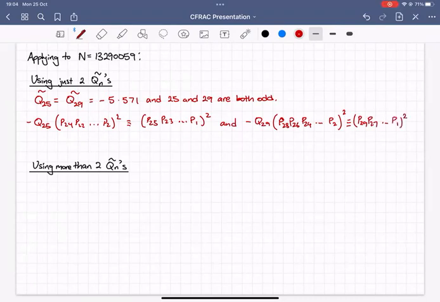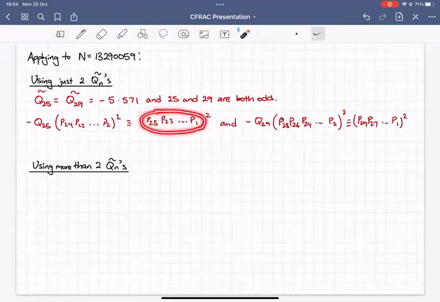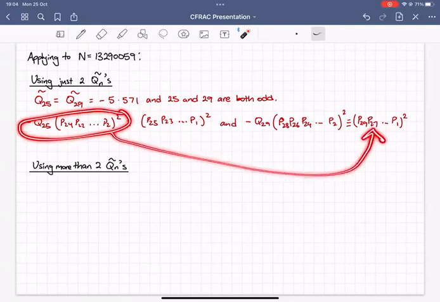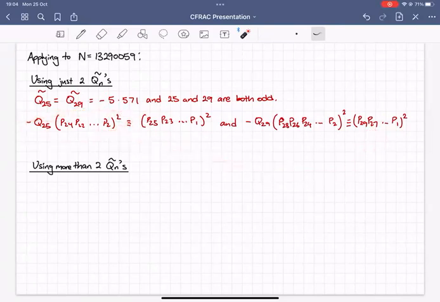P1 squared. And so what you can do is notice that P25 to P1 is included here. So after P27, obviously it's P25. So you can literally just substitute this into the right-hand side. And because Q25 is equal to Q29, you can cancel them out on both sides.